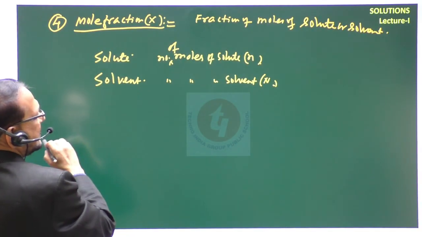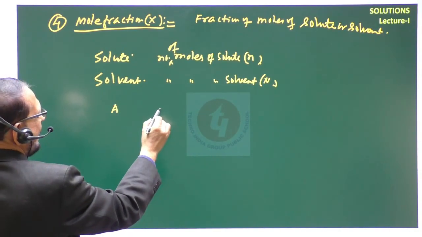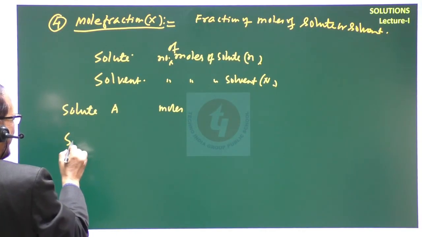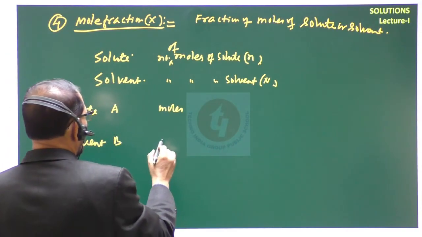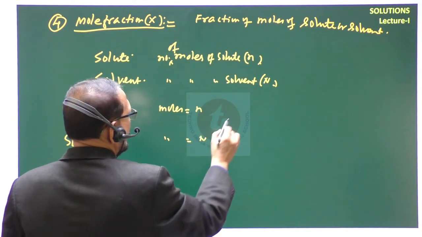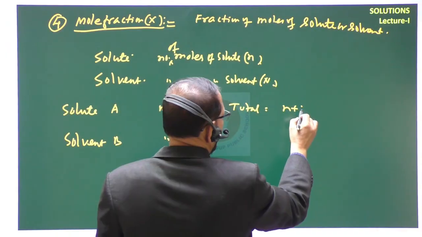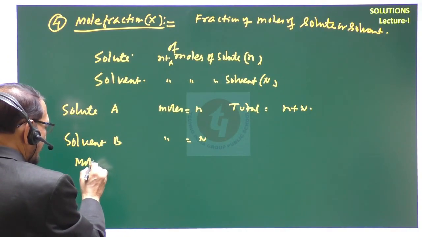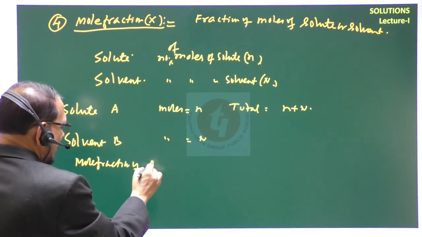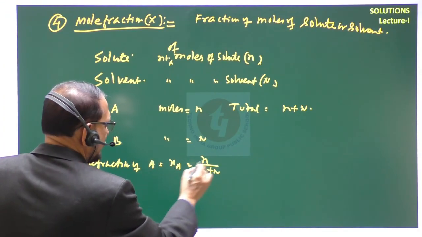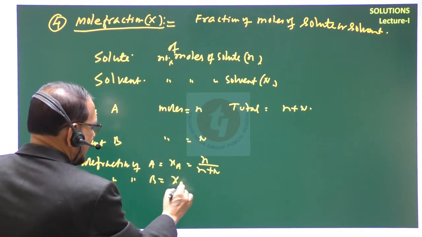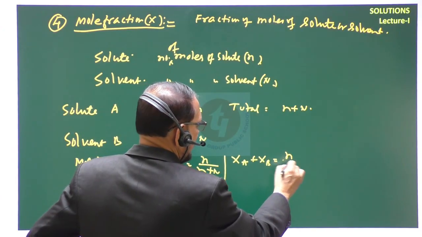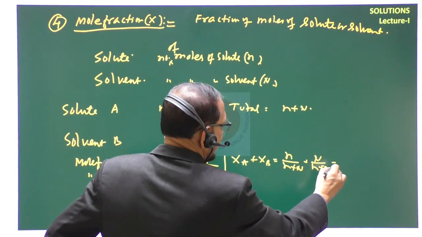So we can write A and B: solute A with moles small n, solvent B with moles capital N, total moles n plus N. Mole fraction of A, XA, is individual moles by total moles, and XB likewise. Therefore XA plus XB is n by n plus N plus N by n plus N, which equals 1.